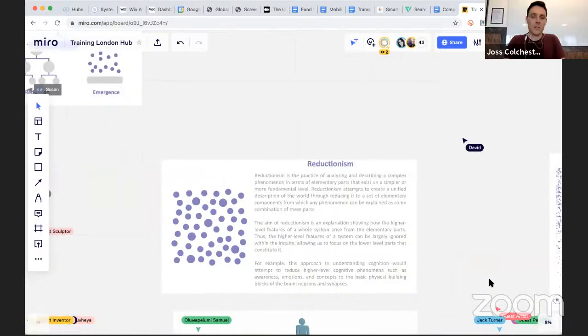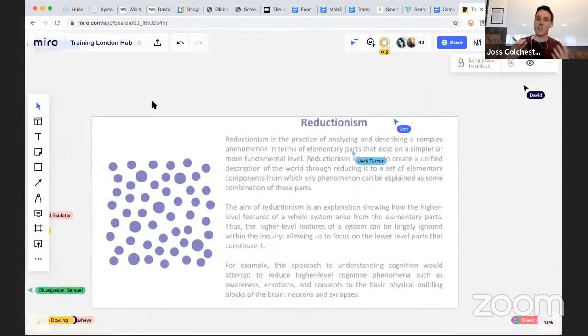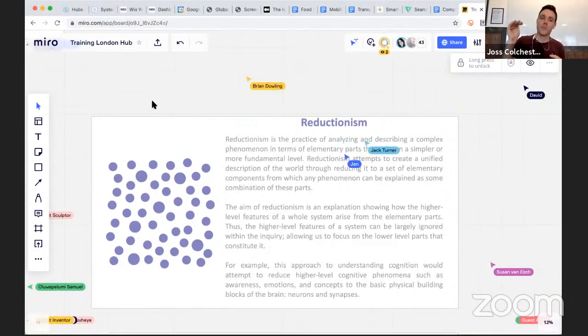So what is reductionism? Reductionism is a practice of analyzing and describing a complex phenomenon in terms of its elementary parts that exist on a simpler or more fundamental level, right? So we see this in science. We know how modern science has developed. They've been going downwards, right?